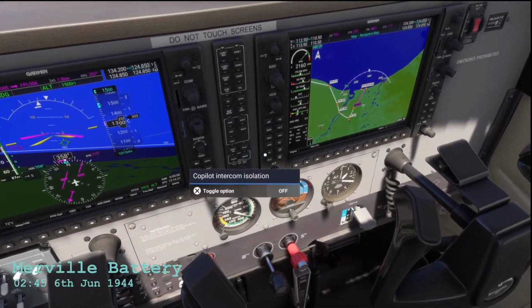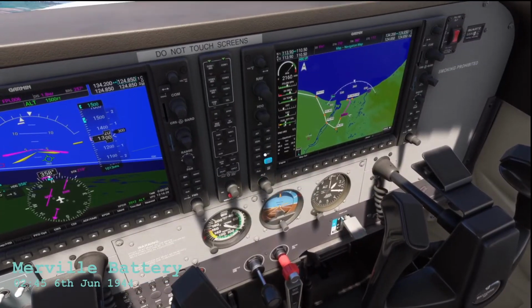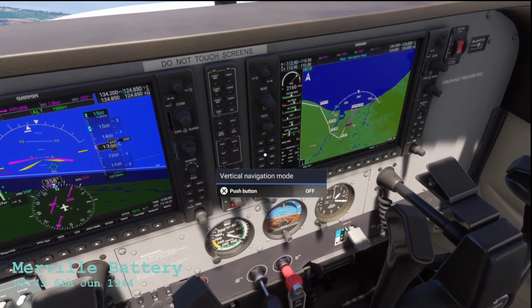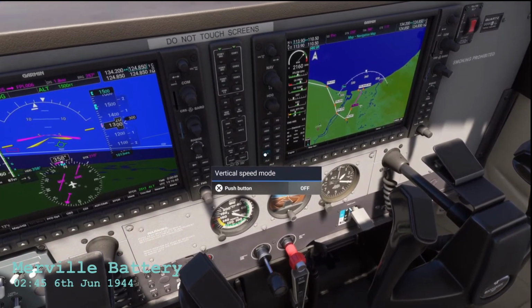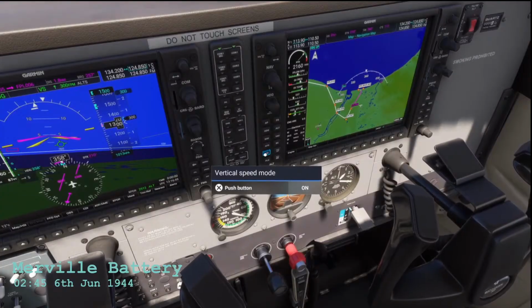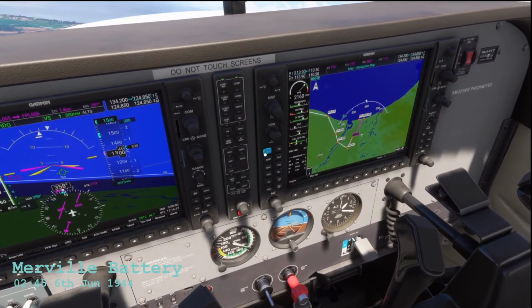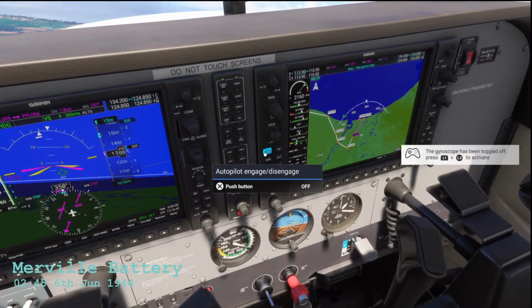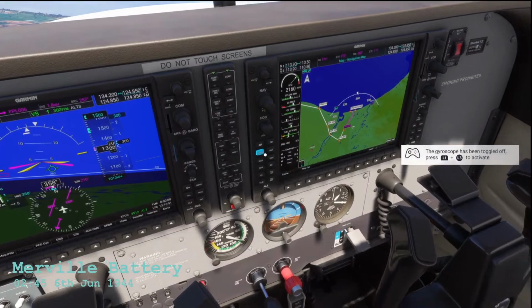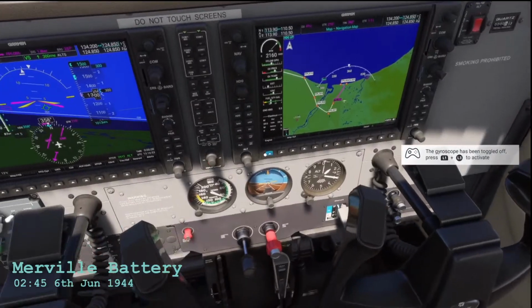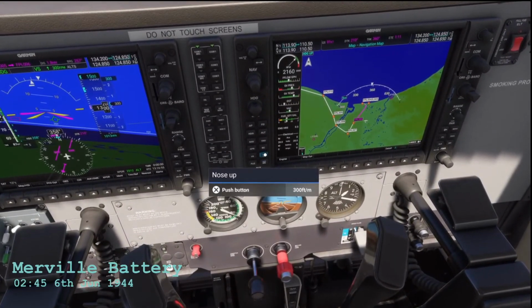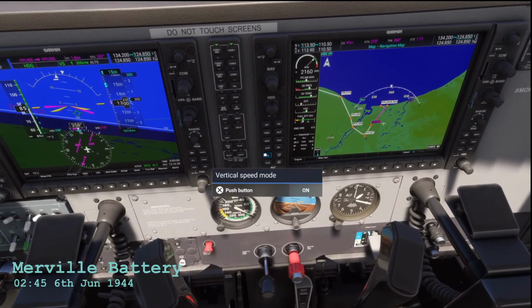Just set the altitude. Yeah, it's doing this thing again. Get a little bit frustrated sometimes with this autopilot.